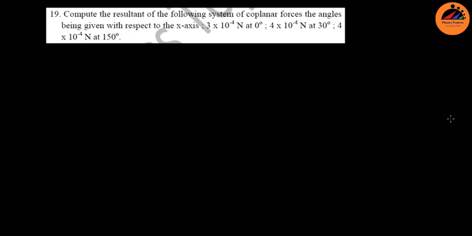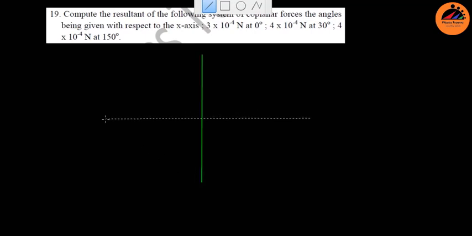Since these are coplanar forces, let's coordinatize in a two-dimensional plane, the plane of the board. Suppose this is our y-axis and this is our x-axis, and let's draw the vectors, all starting at the origin O.